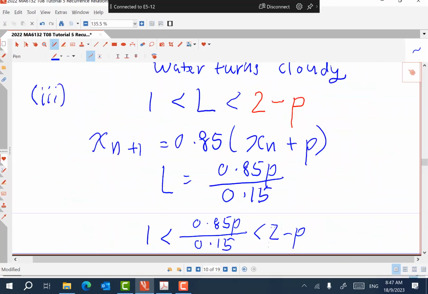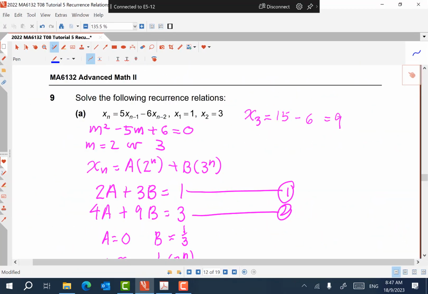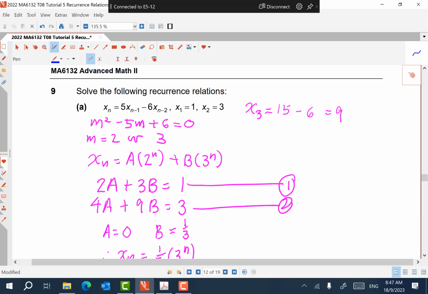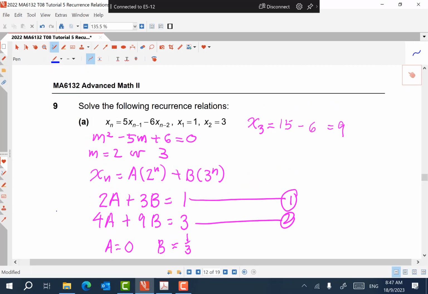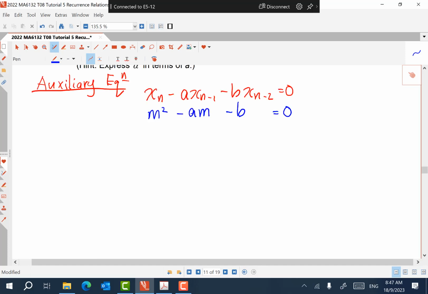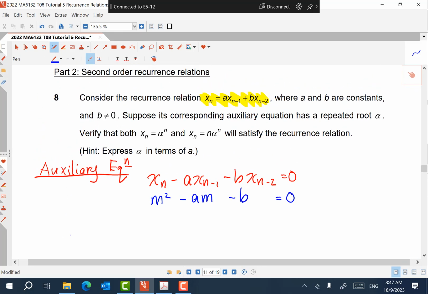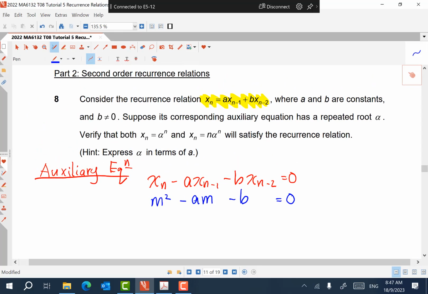Okay, we did in question number 9, remember? In question number 9, we already had a notion of this thing called the auxiliary equation, and now we are rolling back to question 8. So in case I've forgotten, this is so-called the auxiliary equation.